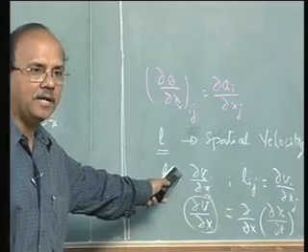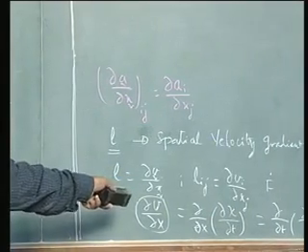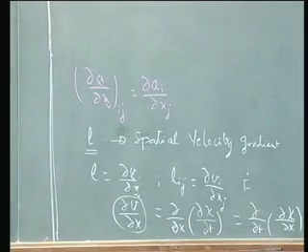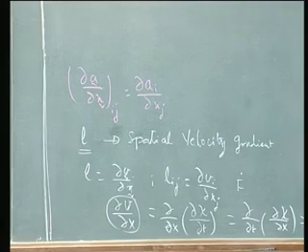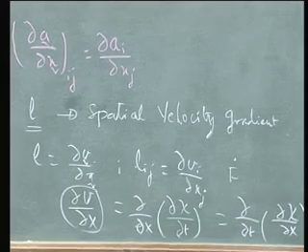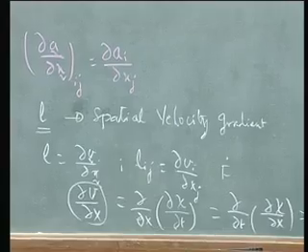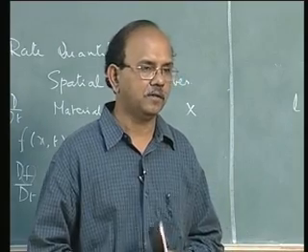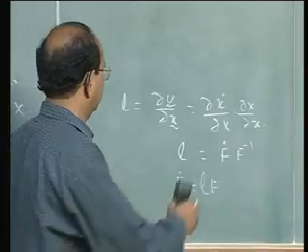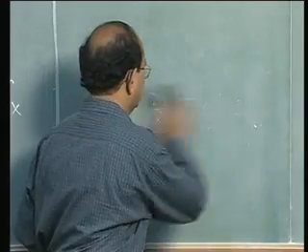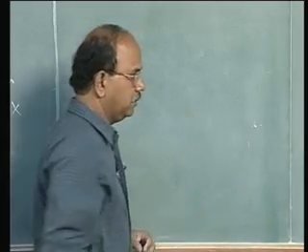So, Lij is Vi comma j. So, it's very similar to ui comma j. If you remember, in the earlier classes, you had split ui comma j into an epsilon and an omega part, symmetric and a skew symmetric part. You can do exactly the same thing with respect to L. Let's see how we do that.